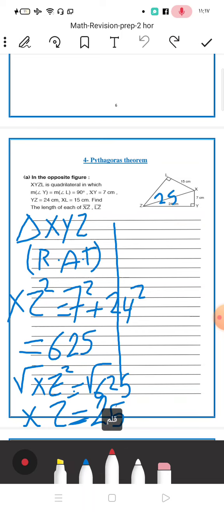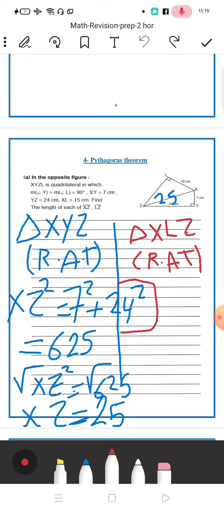Now we will talk about the other triangle, which is XLZ. This triangle is a right angle triangle at angle L. So we can say the length of the missing side, which is the length of LZ to the power 2, will be equal to the difference between two sides, which is XZ to the power 2 minus LX to the power 2.